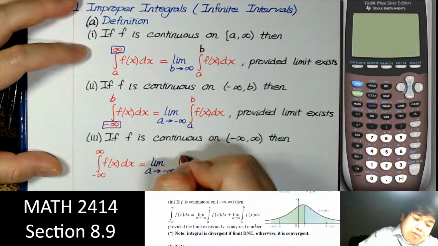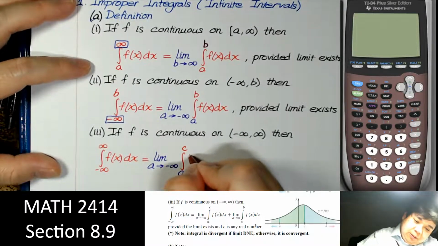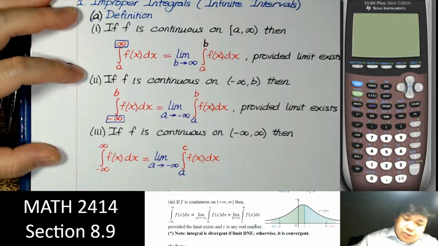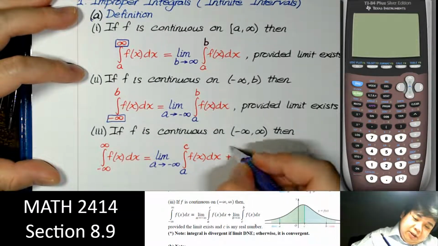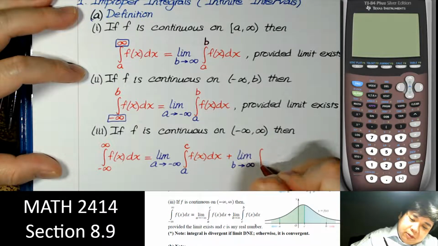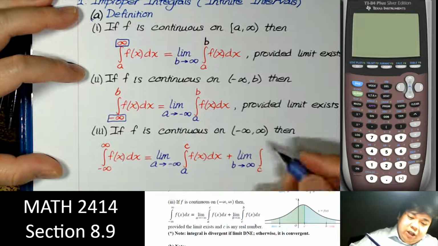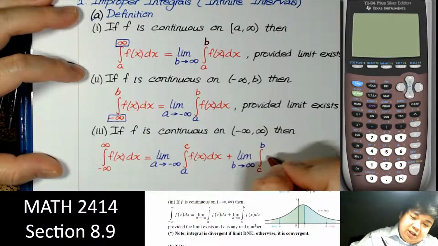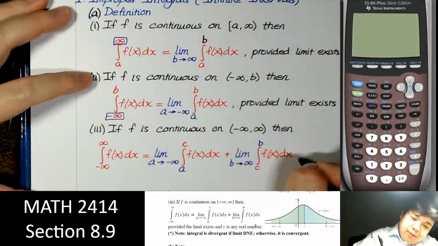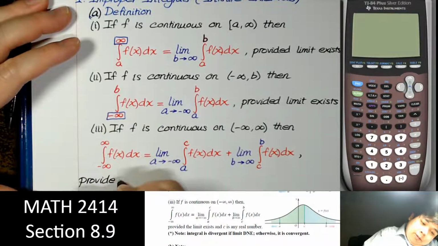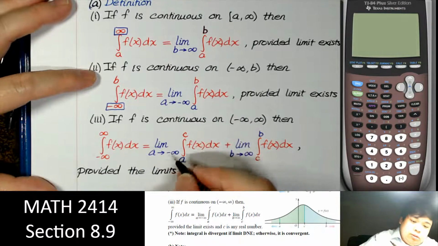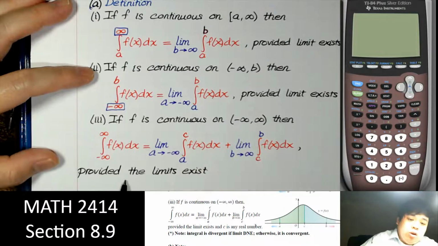The limit as a goes to negative infinity, from a to some number c between a and b, then plus the limit as b goes to infinity, from c to b of f of x dx, and of course both limits must exist.